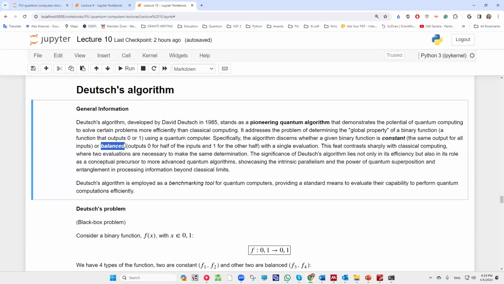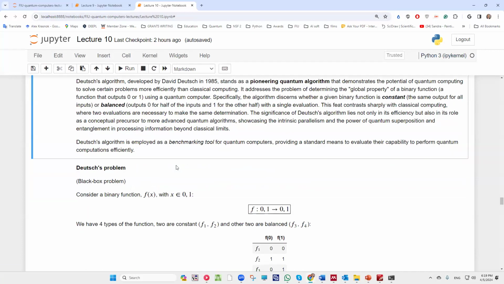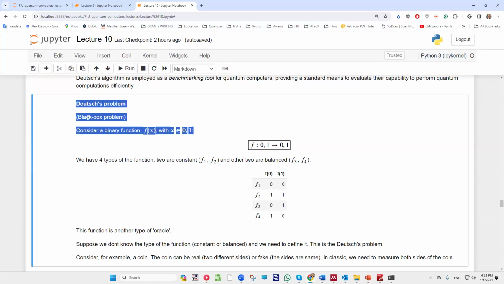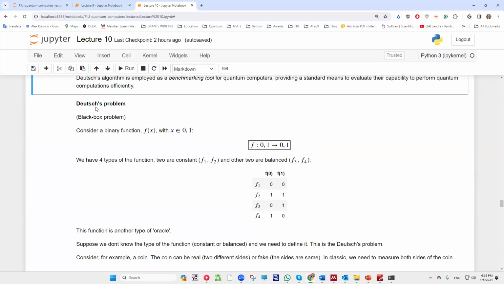There is another type of function, however, which is called balanced. Balanced means you flip the result. You send 0, you get 1. You send 1, you get 0. So there are two types of this oracle. And now the Deutsch problem: mathematicians, people who study math, tend to create problems that have nothing in common with reality.